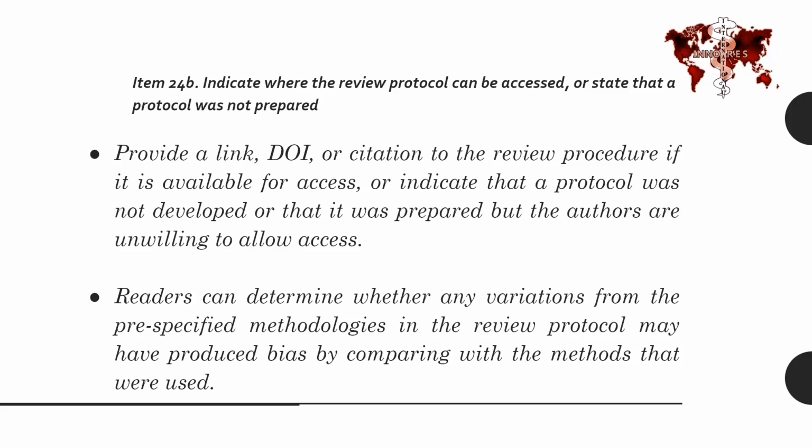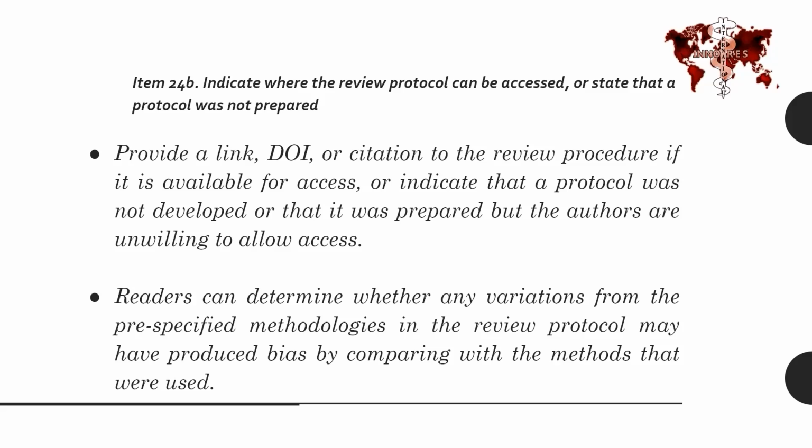In item 24B, you want to state if the review protocol was prepared. If it was not prepared, you want to state that the protocol was not prepared. If it was prepared, you want to indicate where the review protocol can be accessed. This is very important because it helps readers to locate the protocol more easily.